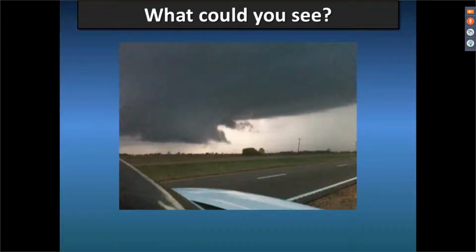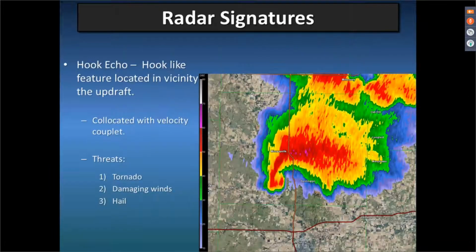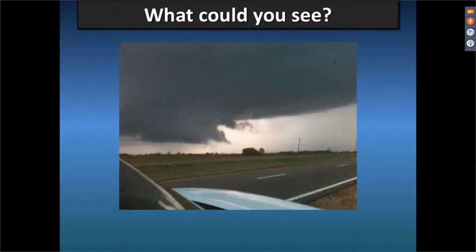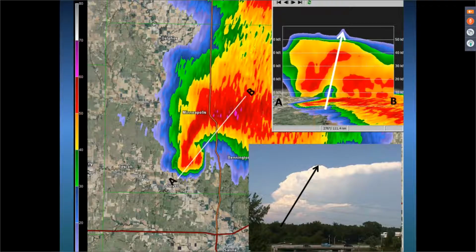So let's take a look at some radar signatures and combine that with what you would see if you were out spotting. Let me skip ahead here. So let's say we've got this supercell thunderstorm here on the screen. We've got that hook echo there, kind of between Culver and Minneapolis, near that point A on the screen.